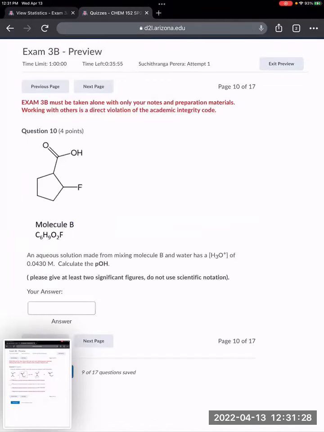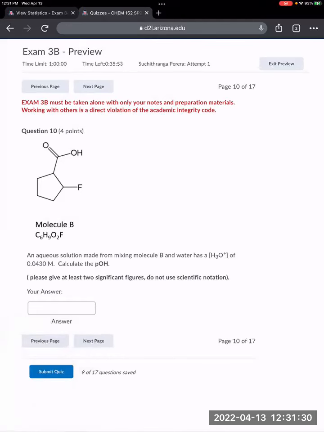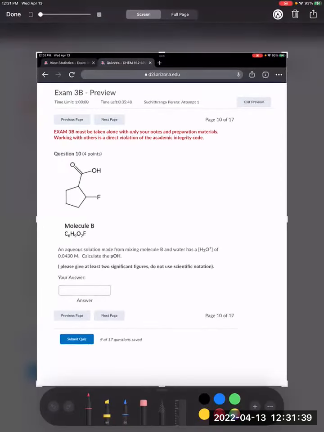Moving on to question 10, you are given a molecule and the H3O+ concentration. You are asked to find the pOH. This is one of the straightforward questions.